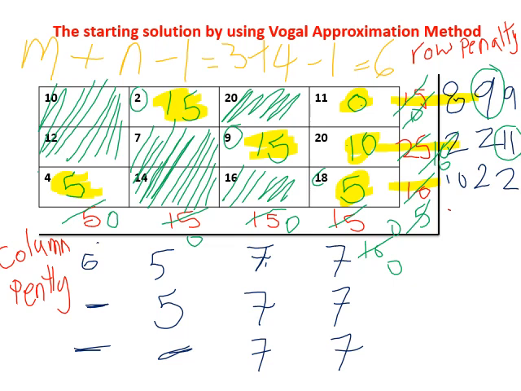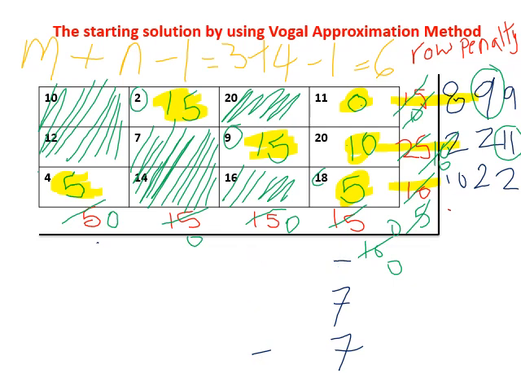And then we will compute the value of the starting solution by the Vogel approximation method, by multiplying each value by its transportation cost.